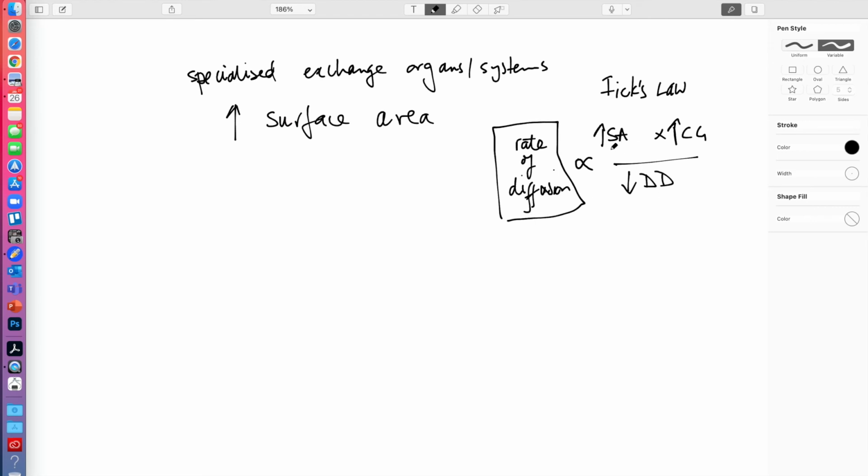And that's a nice numerical relationship. If you're numerically inclined, you might like how using maths helps to explain how increasing surface area helps the rate of diffusion to increase. Okay, so there we have that relationship.